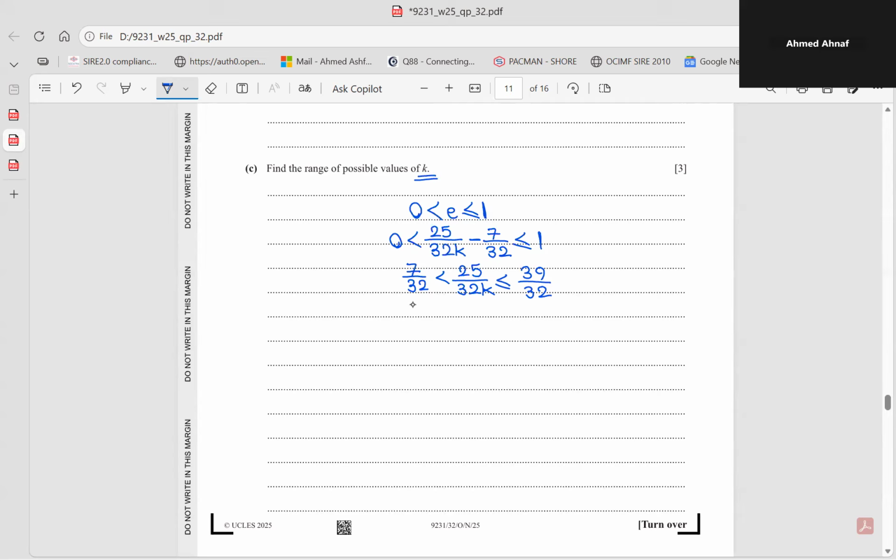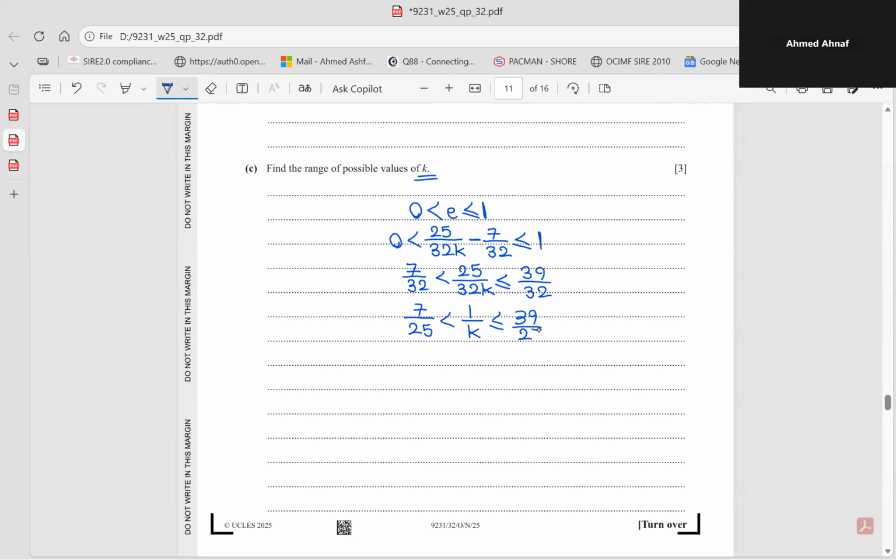So 32 over 25 times 7 over 32 would give you 7 over 25, and 1 over k is less than or equal to 39 over 25.